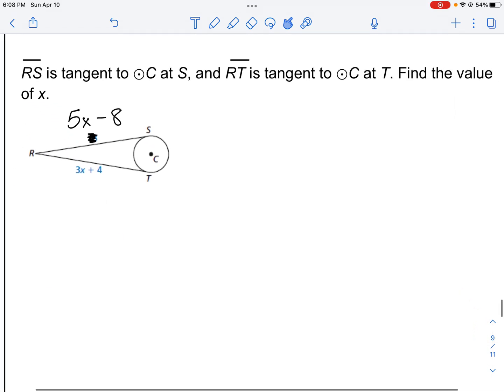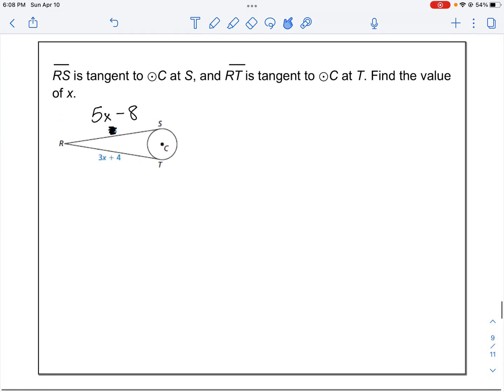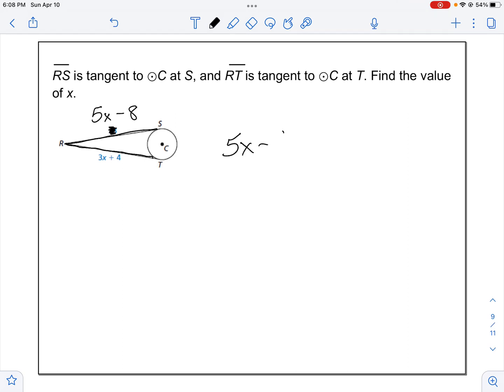Okay. Now, we had one other rule, and that said that two tangents meet at a point, and they make stuff that is equal. So I'm just going to make these two equal. All right, Algebra 1 problem. Get the stuff together that's the same.